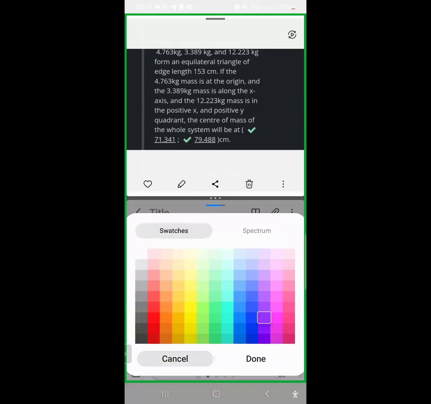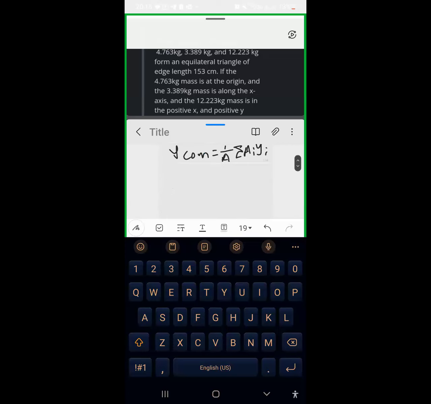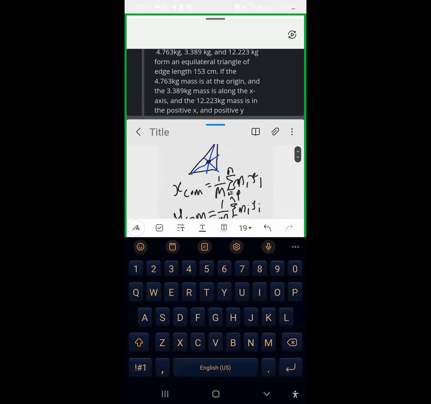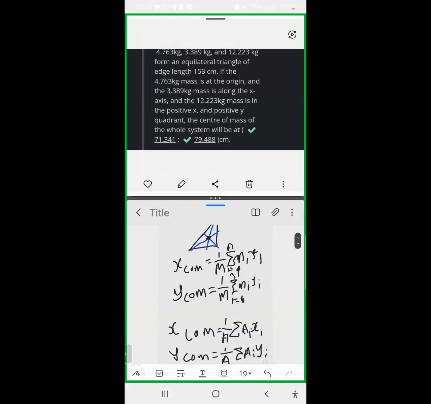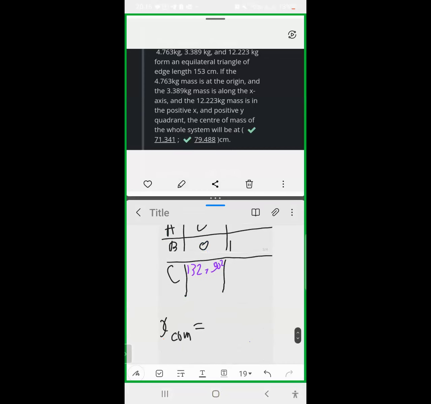Remember, by the equation I explained previously, the x center of mass is given by 1 over M times the sum of the masses at each particle multiplied by their x coordinates.